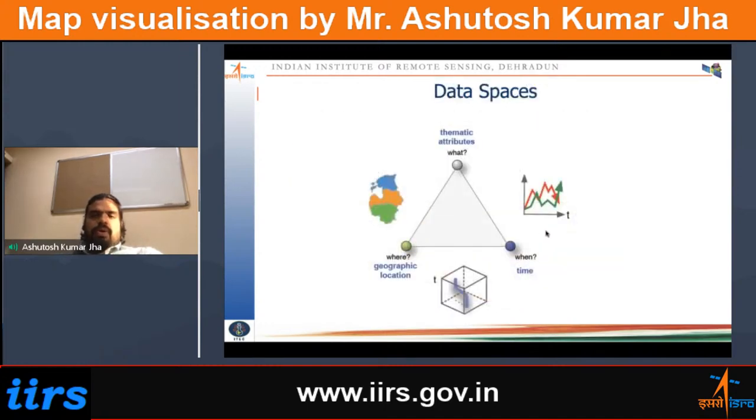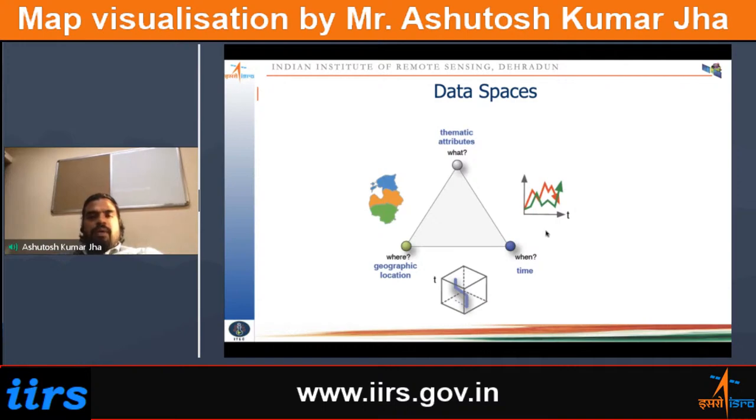Whenever we want to create a map, generally in the geospatial domain, you'll have these three pieces of information: what, where, and when. If we create a map only on the basis of what, that is the attribute, then we call those kinds of maps thematic maps.